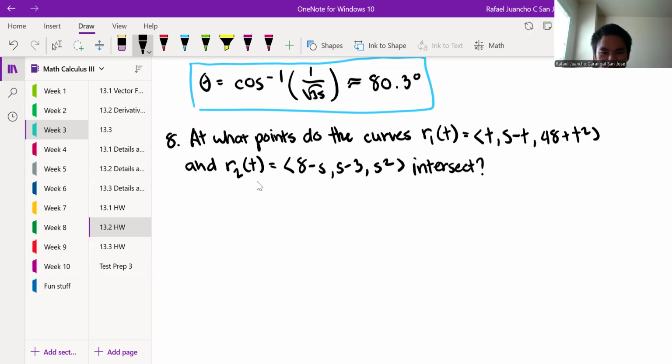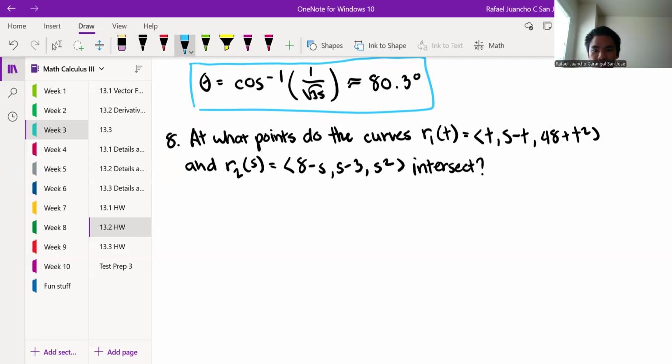So when is that? Okay, I wrote t here, which is funny. Oh, this should be s. My bad. But basically, when are these points equal? So let's quickly do that.